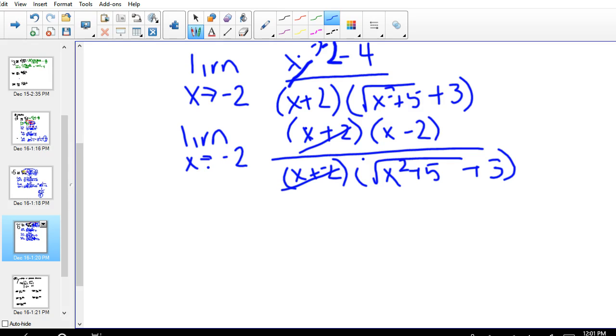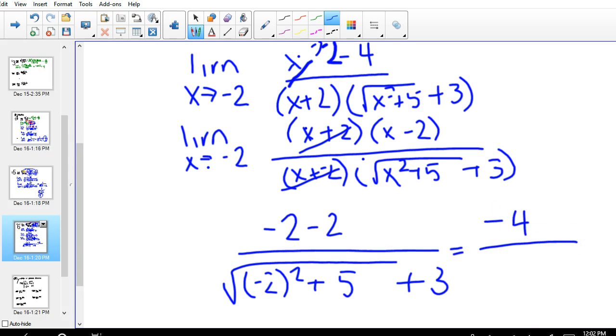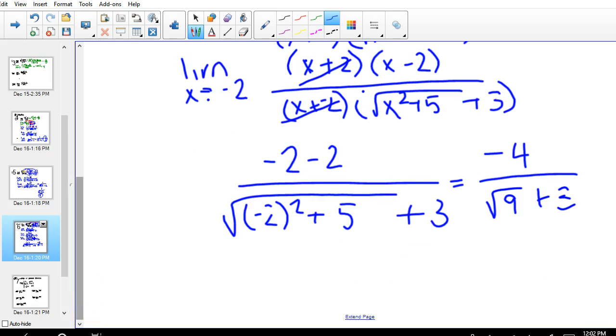So then you're going to plug in your negative 2, so you have negative 2 minus 2 over the square root of negative 2 squared plus 5 plus 3. So that'll give you negative 4 over square root of 9 plus 3. And square root of 9 is 3.